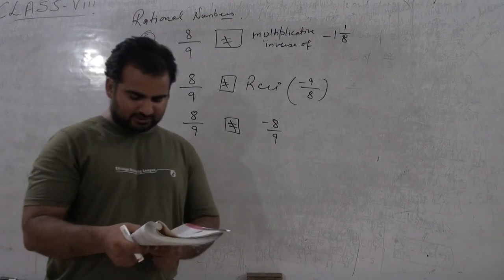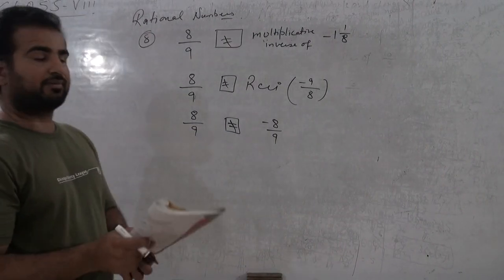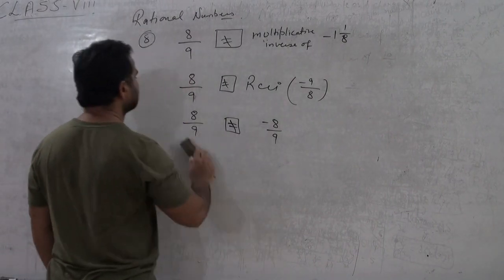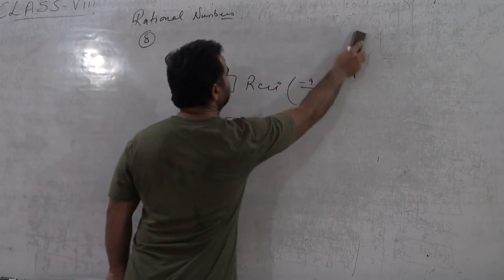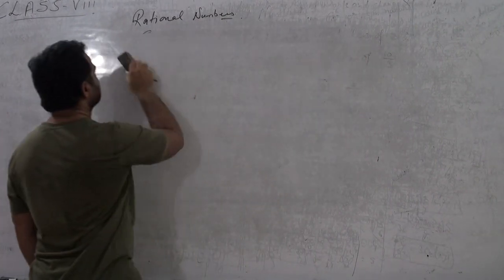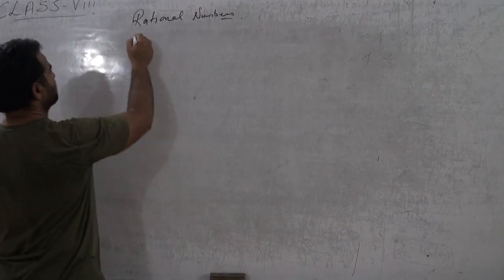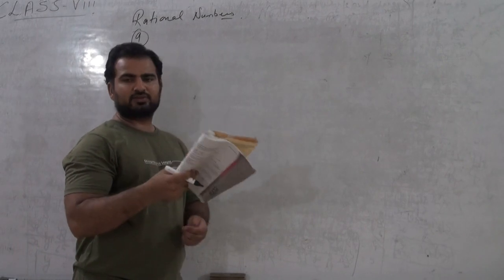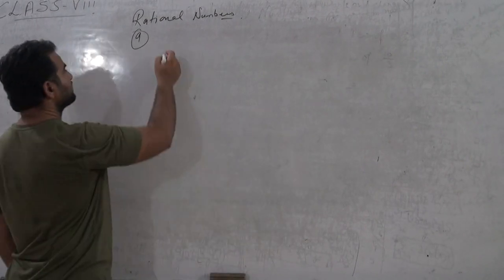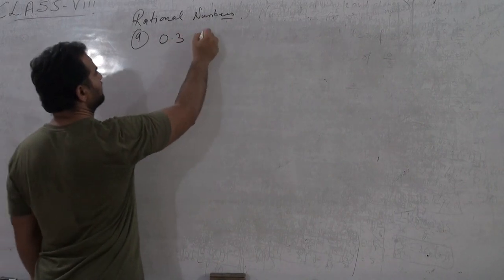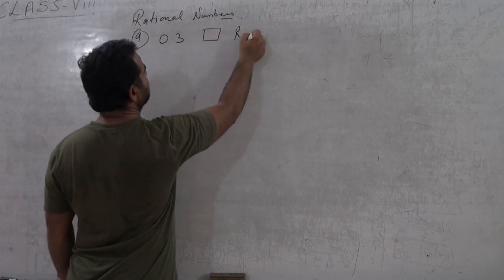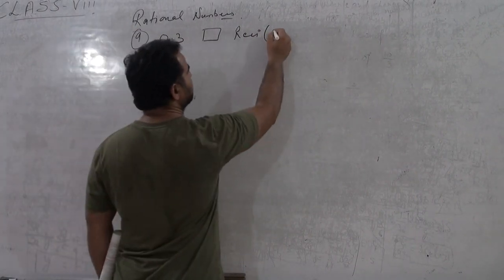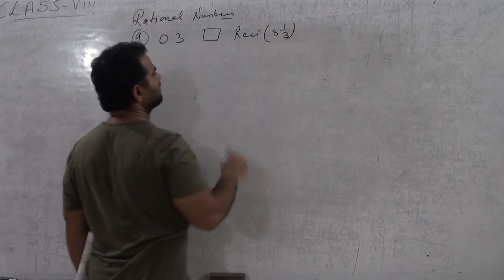Next question is: is 0.3 the multiplicative inverse of 3 1/3? This is question number 9. So 0.3, multiplicative inverse of, we can say reciprocal of 3 1/3.